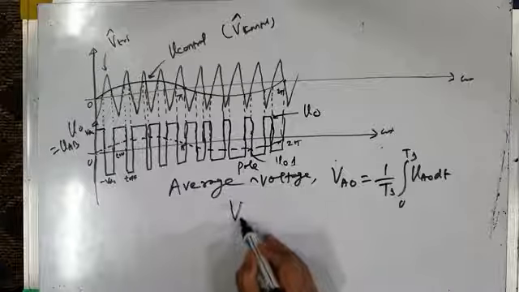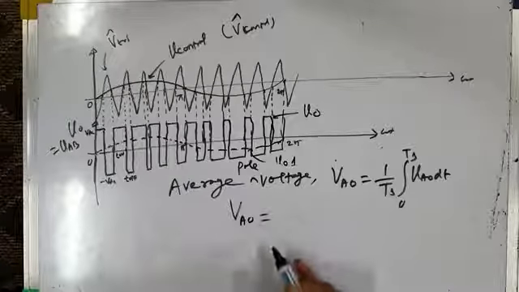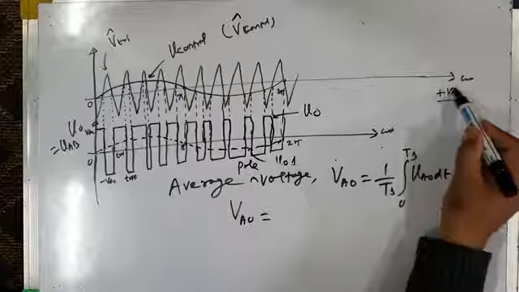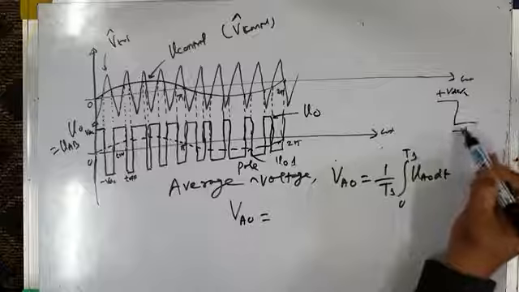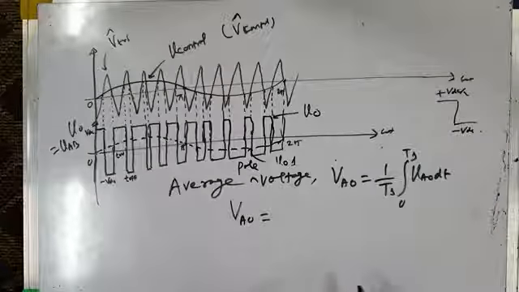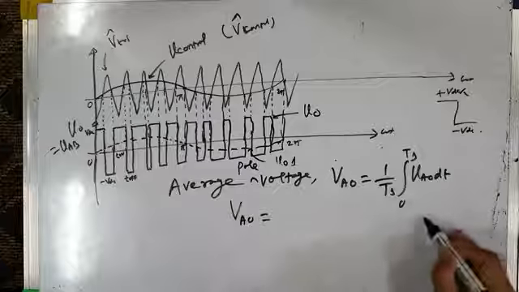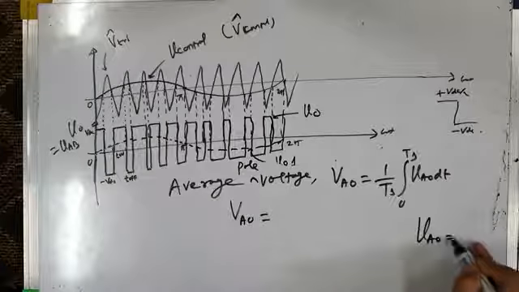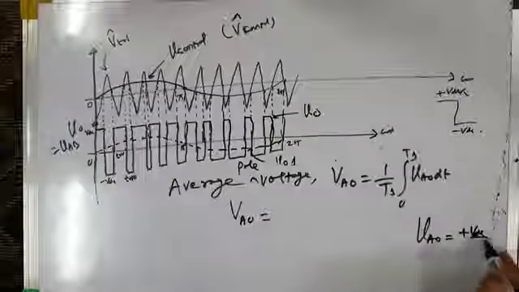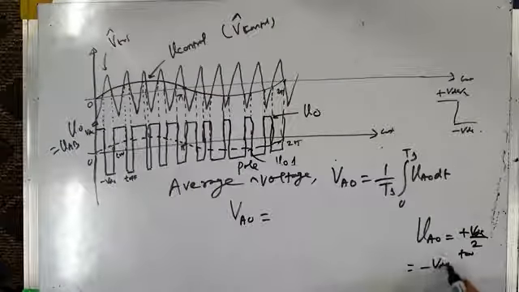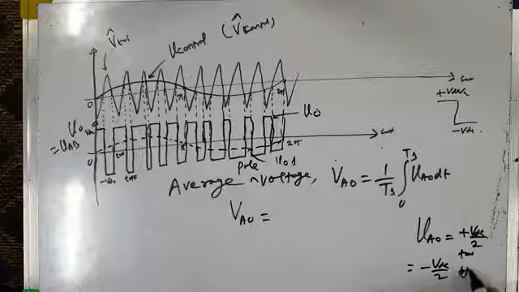So this average pole voltage is equal to, see, your pole voltage is either plus VDC by 2 or minus VDC by 2, right? So during the on period, it is plus VDC by 2, and it is minus VDC by 2 for the T off period.